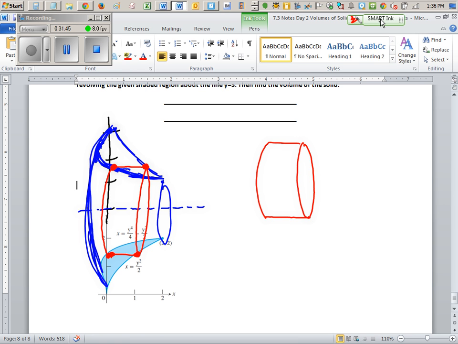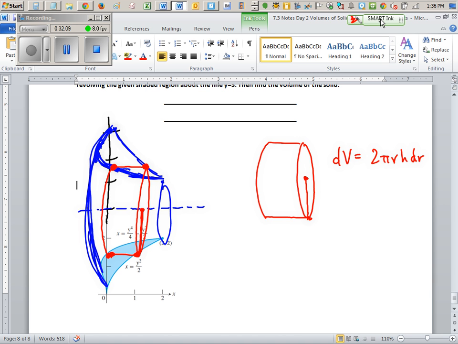The shell has differential volume 2 pi r h dr. Let's try to make sense of this. We'd like it to all be in one variable. Let's study the radius first. If I were you, I would draw it coming straight down, like that.